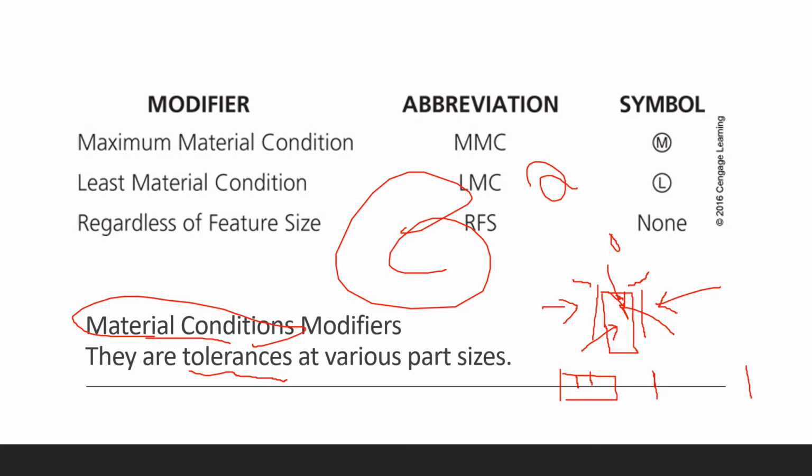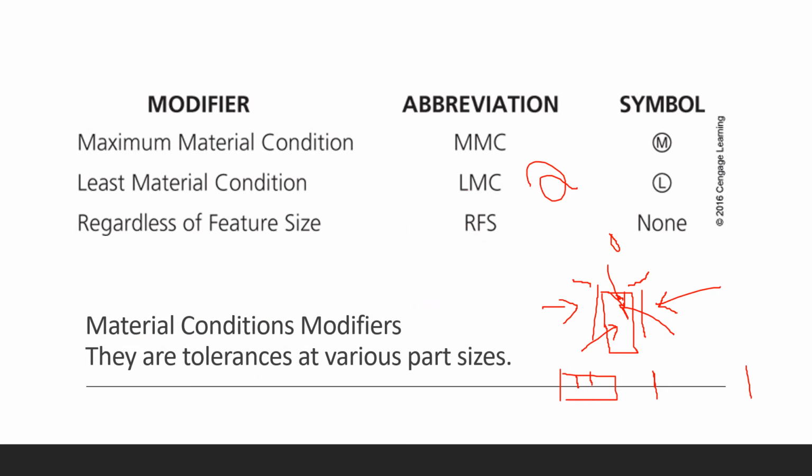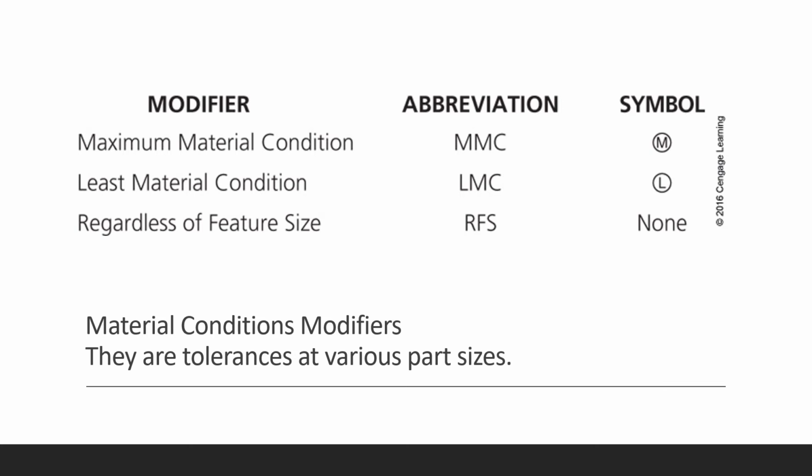So it can go maximum, it can go minimum, it can also go regardless of the size of that feature. Anyway, right now just get in touch with the material condition, and we have a modifier. We call them modifiers for this condition. Why? Because these conditions are critical for the tolerance limit. So they can expand or constrict.